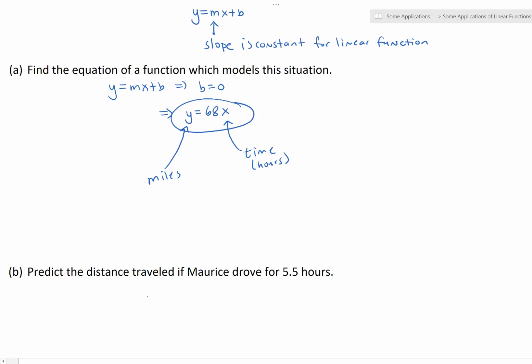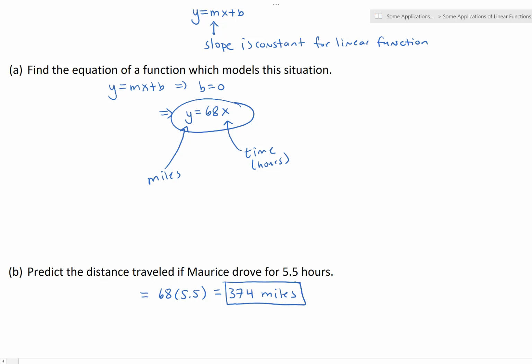So the distance traveled will be equal to 68 times 5.5. Press buttons, 374 miles in 5.5 hours.